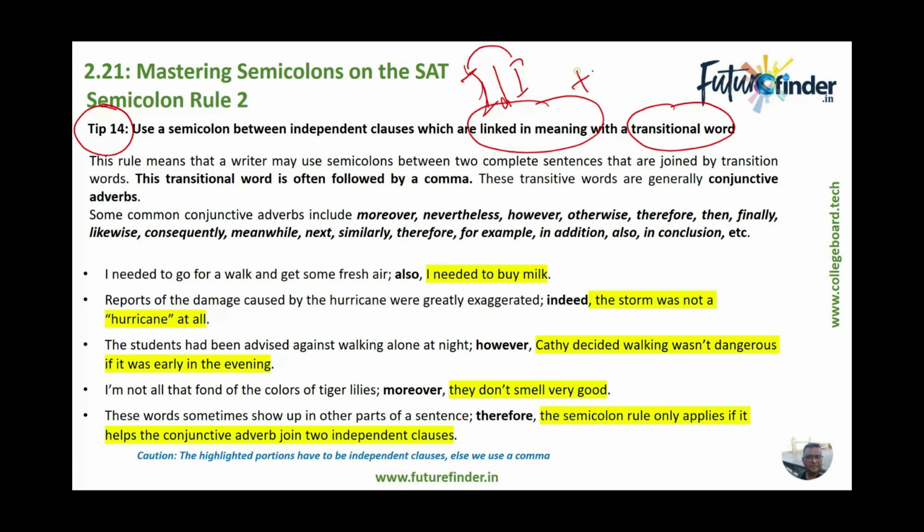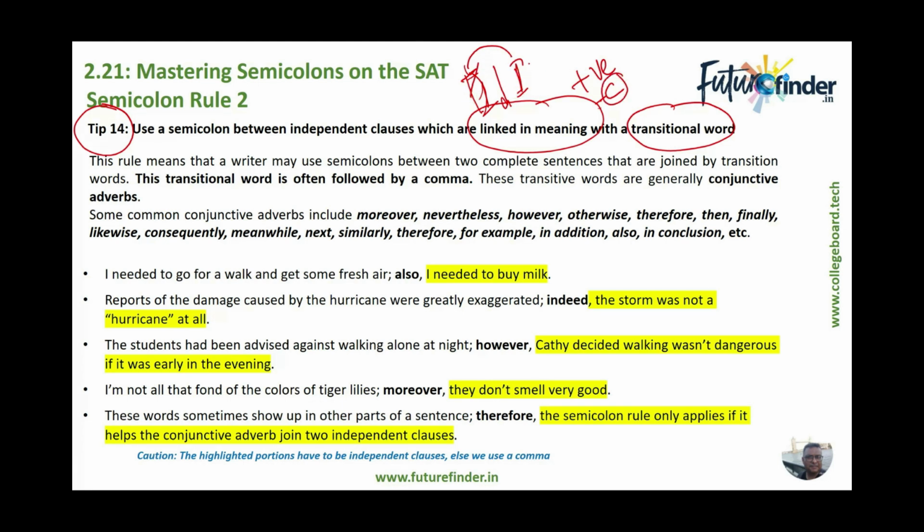It could be additive transitional words, or contradictory transitional words like however. Mr. X is a good singer; however, he couldn't win the competition, right? So 'however' basically shows the transition between independent clause 1 and independent clause 2, wherein it is contradictory.